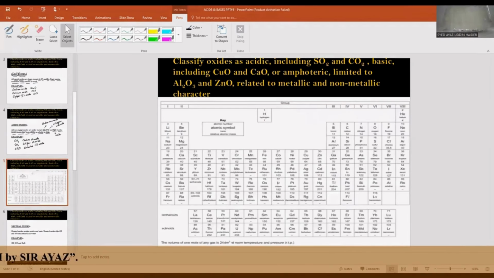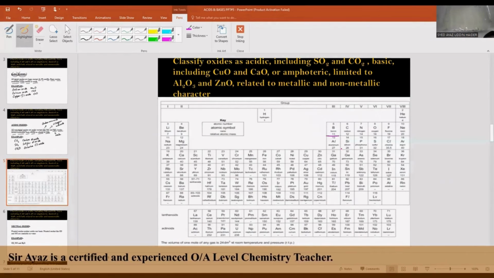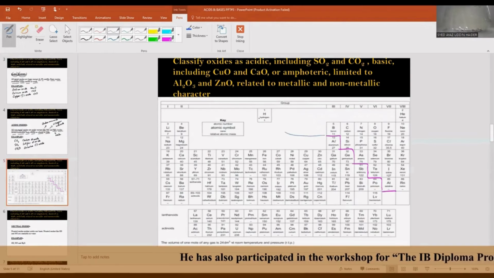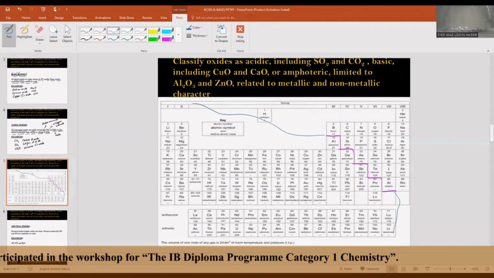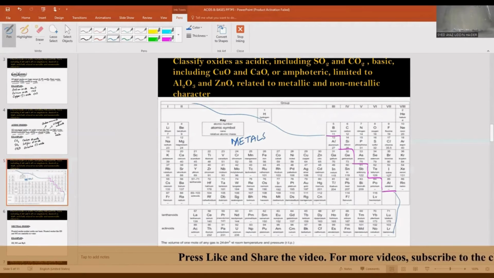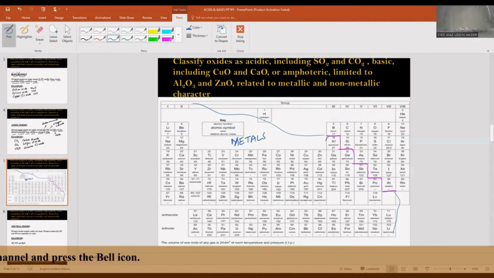Here's the periodic table. First of all, I'm going to draw the staircase line. Now this area is below the staircase line, and this contains metals only. And I've just explained that all metal oxides are basic except aluminium, lead, and zinc.